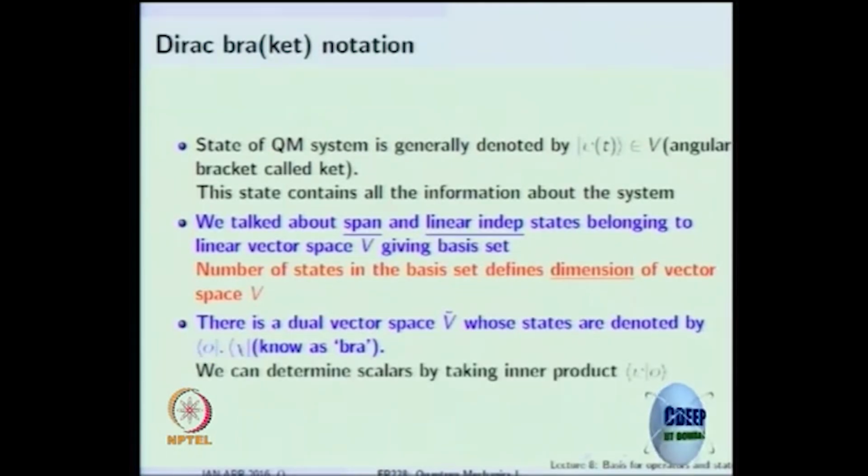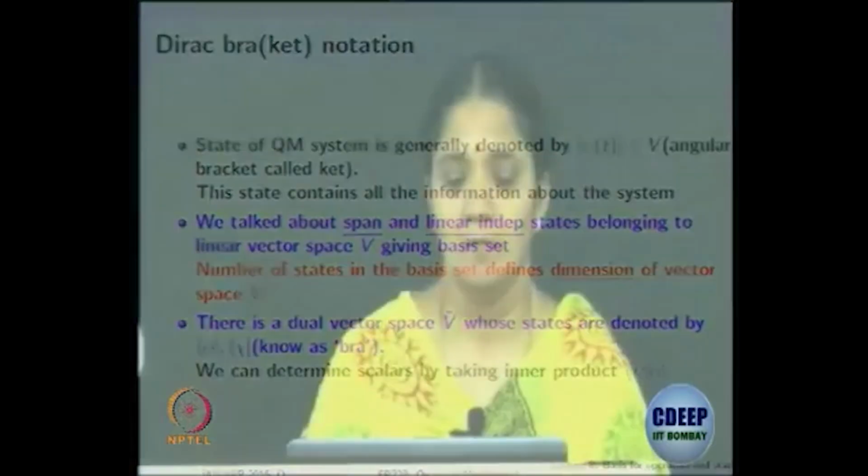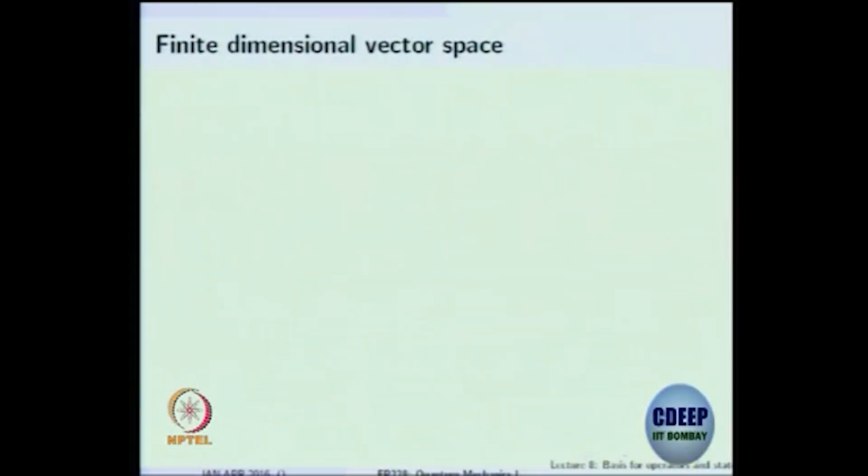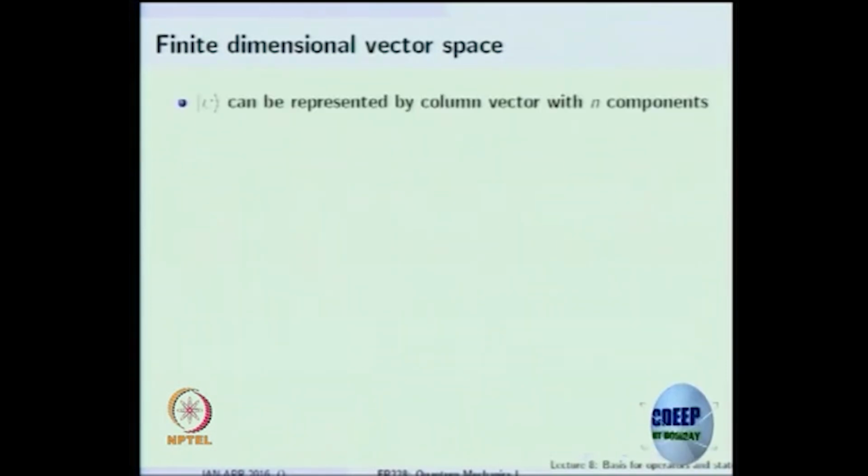And why do you need these dual vectors? If you have these dual vectors, you can determine scalars by taking an inner product. In the conventional three-dimensional space you would have said dot product; here we will say inner product. Today we confine ourselves to finite dimensional vector spaces, though we could go to infinite dimensional ones.